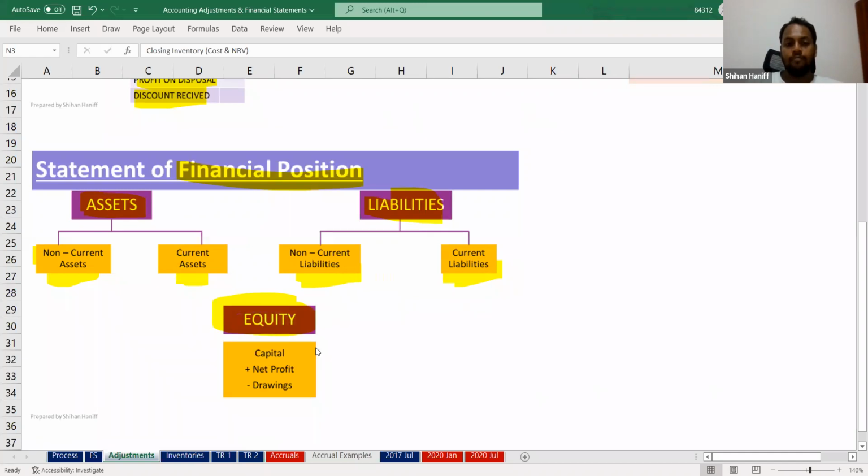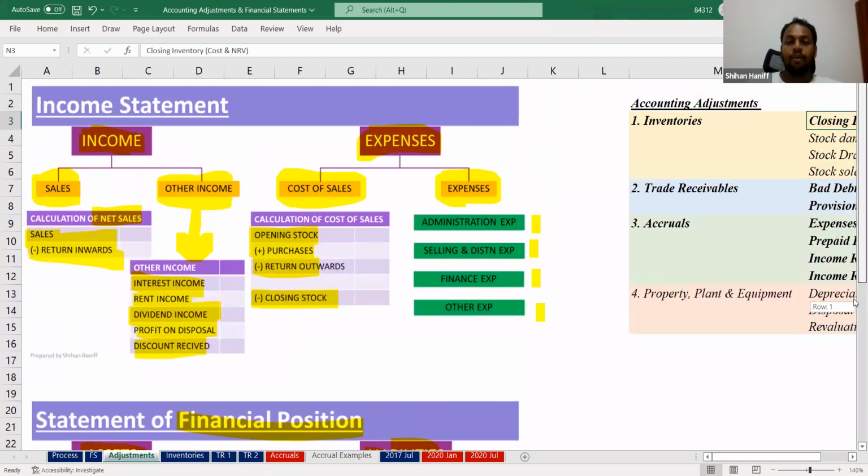Then the equity, we calculate the closing equity. How do you calculate the closing equity? Opening capital plus net profit minus drawings. So this is how we show the financial position, right? We show the five elements in the financial statements.